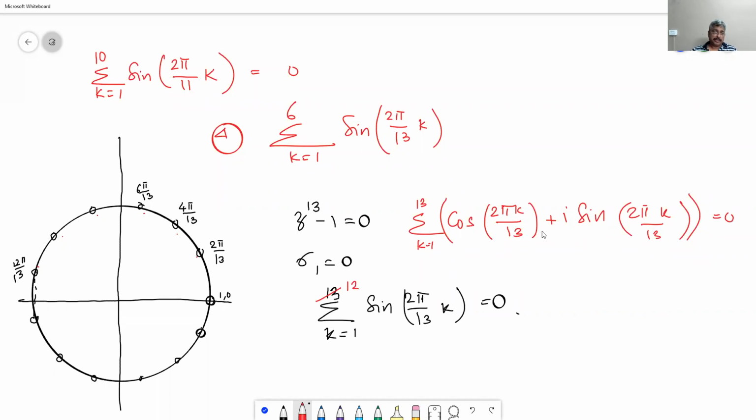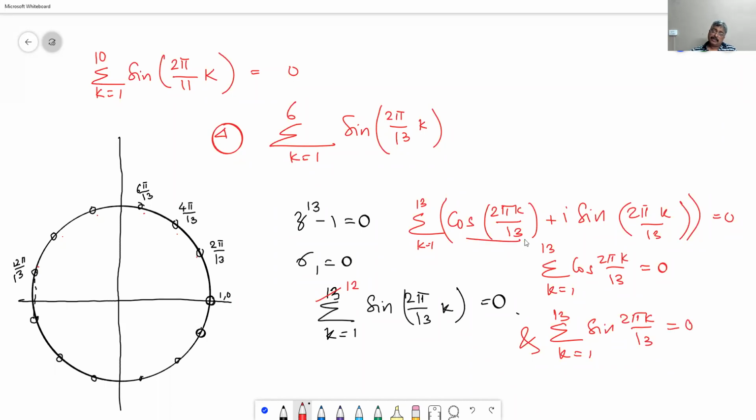Summation of all the roots is 0. Out of which, now you can split this. You can say that sigma k goes from 1 to 13 cos 2 pi k by 13 is equal to 0, and sigma k is equal to 1 to 13 sine 2 pi k by 13 is equal to 0. Real part is 0 and imaginary part summation is also.